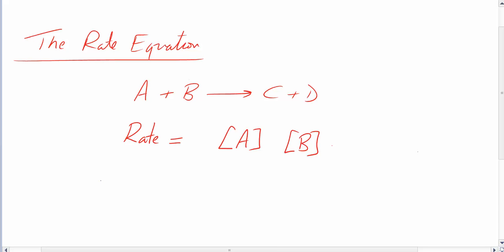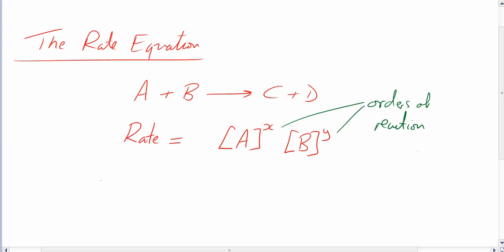Therefore, we use powers to give us a little bit of flexibility in saying how these are going to affect the rate of reaction. And if you remember, we call these things the orders of reaction.